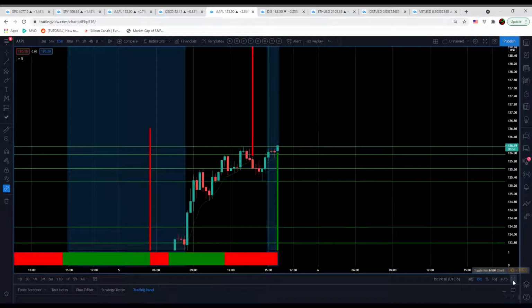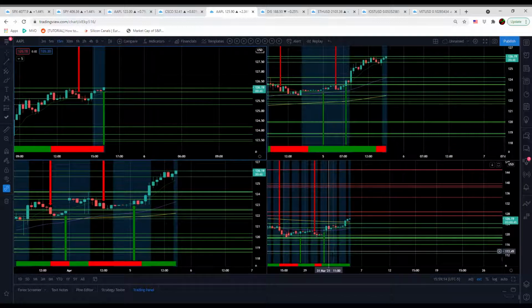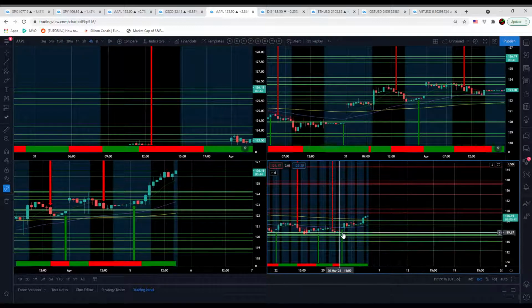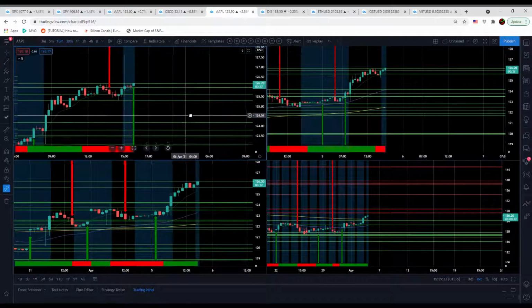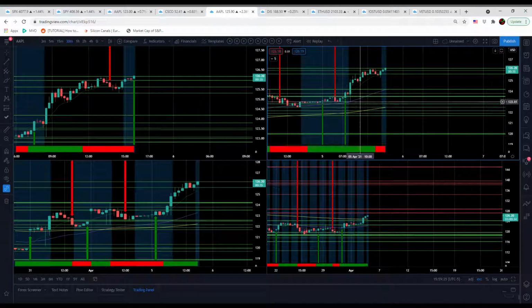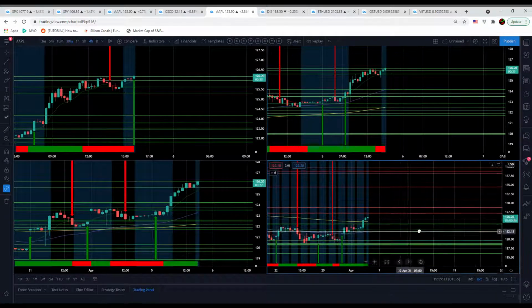Then if you look at the other time frames, Apple is actually still green. The meter is green in 4 hours, the arrow is green in 4 hours, the meter is green in 1 hour, the arrow is green in 1 hour. 30 minutes turned red, but as long as this one is holding the 4 hours, that means the trend of Apple is still gonna be up.